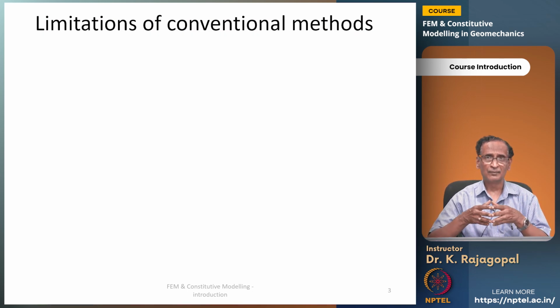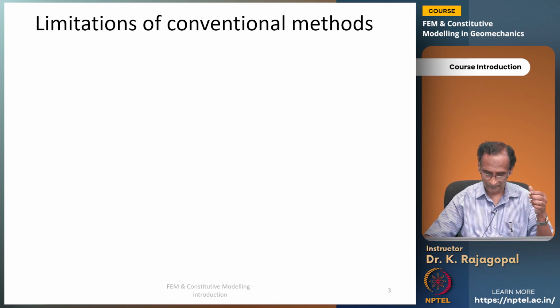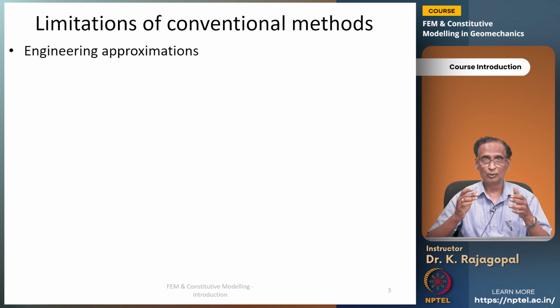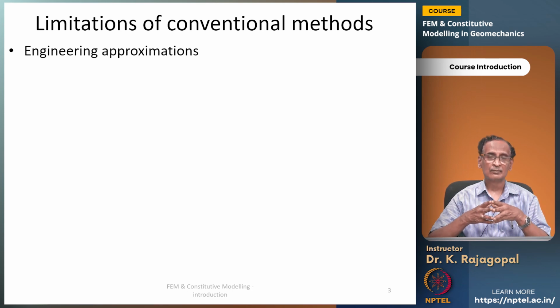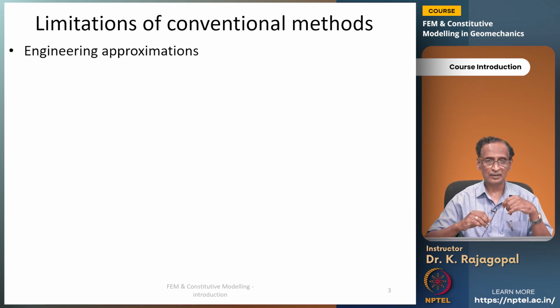Then one of the simplest methods that we have are the conventional methods. That is what we study in our undergraduate and postgraduate courses on design, and all these things I can call them as conventional methods, and although they are good for design, they are only good for most ideal conditions and they have a lot of limitations.